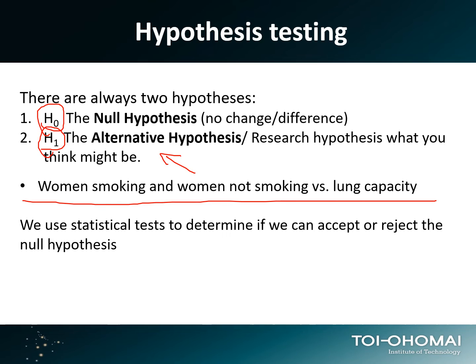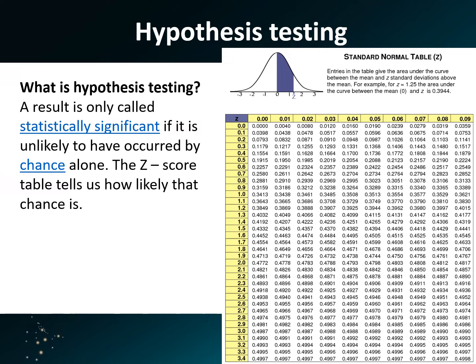And you'll see that those are opposites. They cover all contingencies. Either women who smoke have a higher lung capacity, or they have a lower lung capacity. That's in the alternative hypothesis. And if they have the same capacity, then that is covered in the null hypothesis.